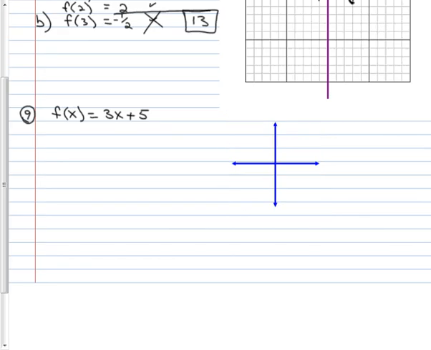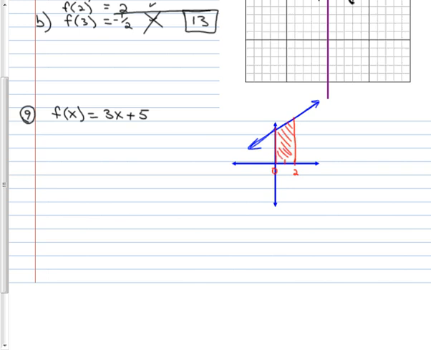Y-intercept 5, slope of 3, so let's say it looks something like this. I have this line coming along, and we are wanting to find the area under that graph between 0 and 2. So here's 0, 1, 2, there's 2. You're trying to find this area.